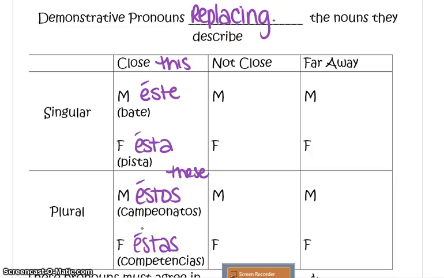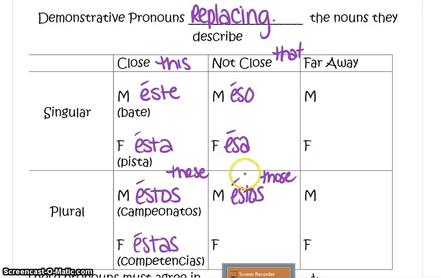When something is not close, so you are saying that or those, you will say ese and esa for that, and then esos and esas.